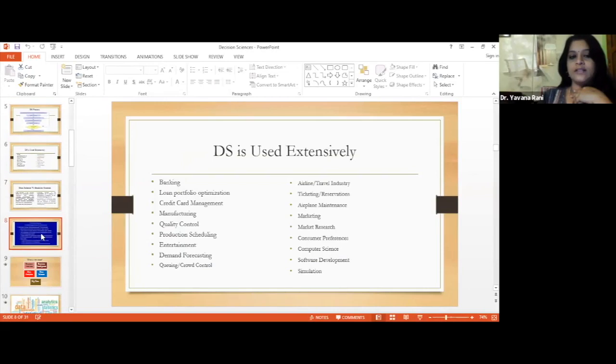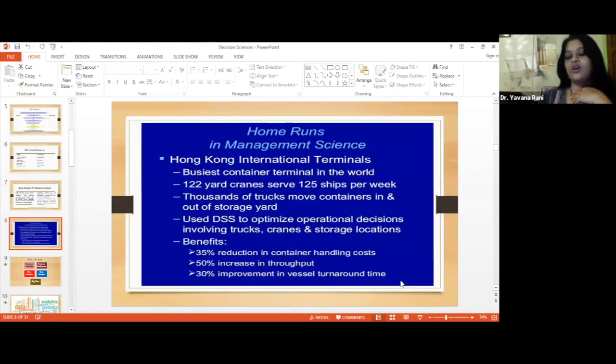You can see the Hong Kong International Terminal, an international terminal at Hong Kong airport. Here, the decision support system is used to optimize the operational decisions.